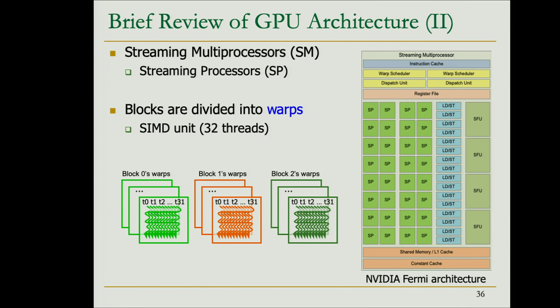The warp scheduler internally uses a scoreboarding, essentially a table of the instructions that are ready for execution. And instructions that are ready for execution are those that have the operands ready, right? So this is the way of controlling the internal dependencies inside the GPU program.